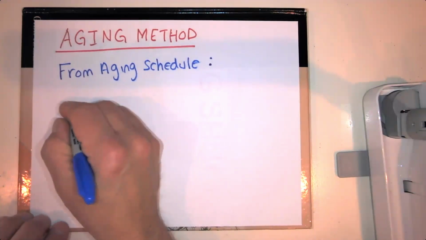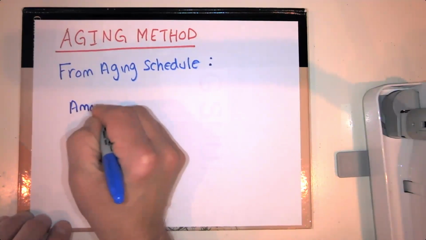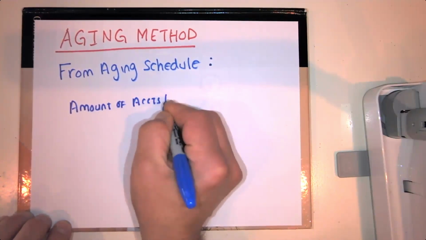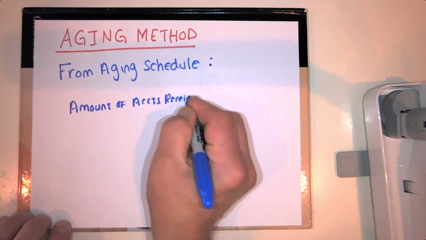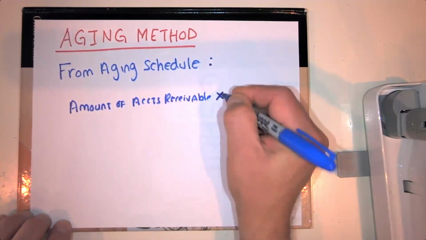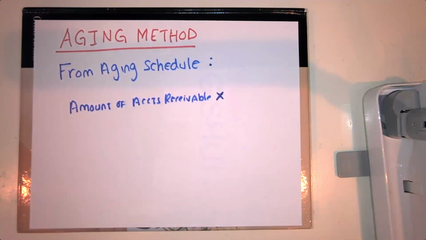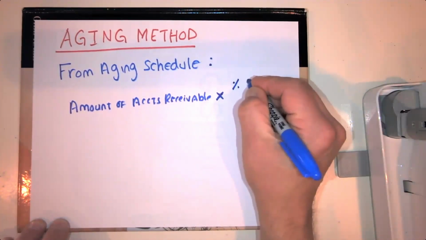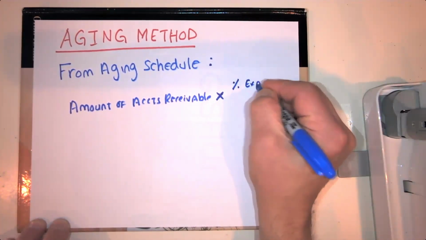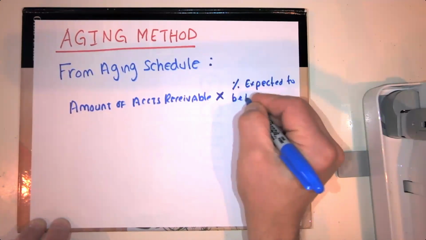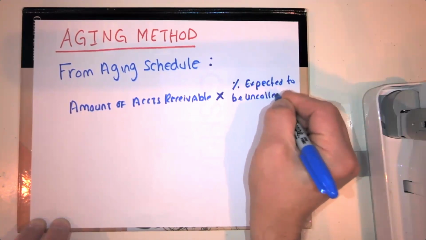So we're going to take the amount of the accounts receivable and you're going to multiply that by the percentage expected to be uncollectible for that category.